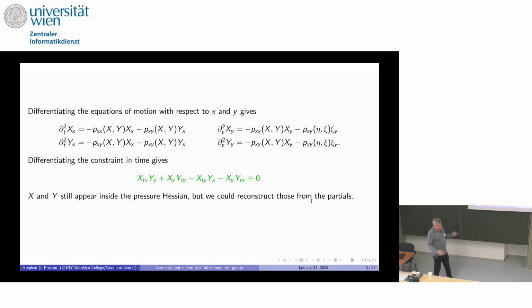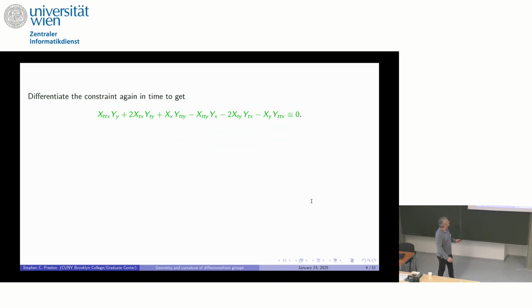But in principle, if I forgot about the particle trajectories themselves and just knew the partials, I could reconstruct the whole diffeomorphism. So I'm going to try and view everything just in terms of these partial derivatives. And I differentiate the constraint in time again.